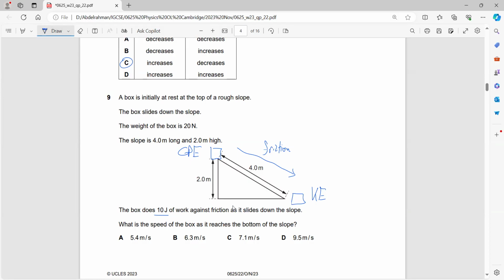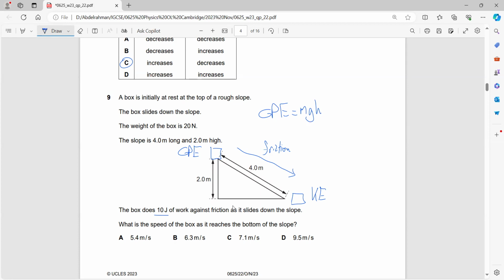Can I calculate the initial gravitational potential energy? Yes. Initially, the gravitational potential energy was equal to mgh. We don't have the mass, but we have the weight.